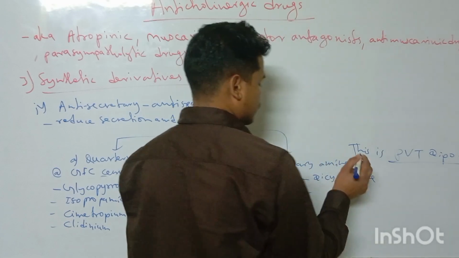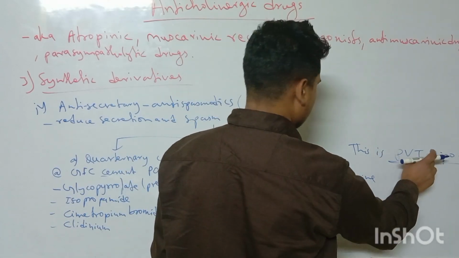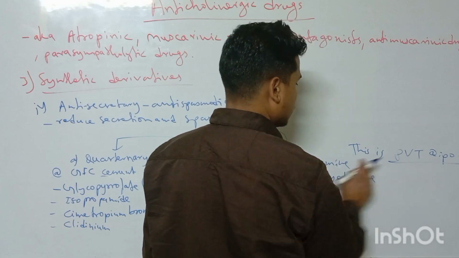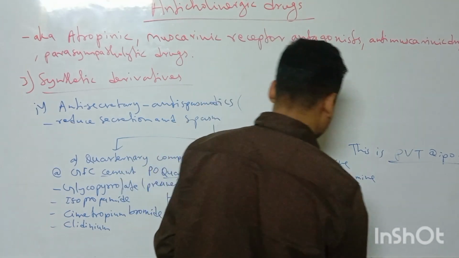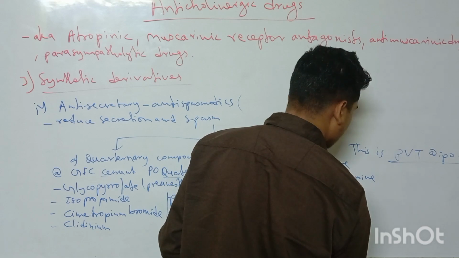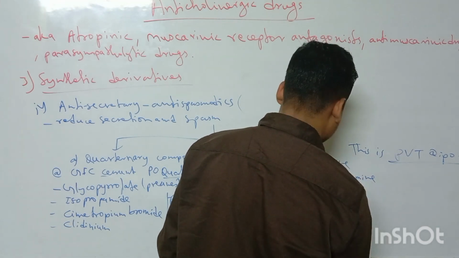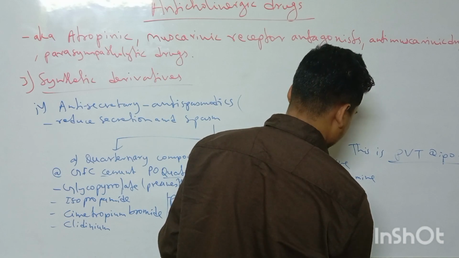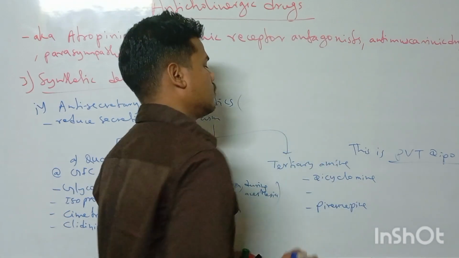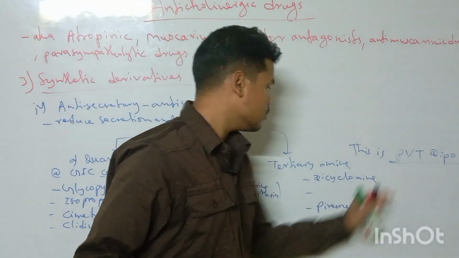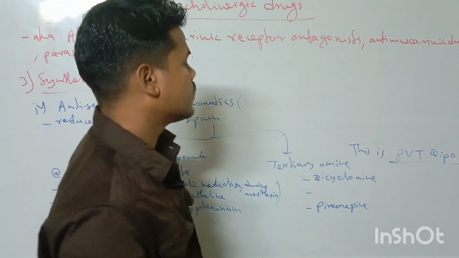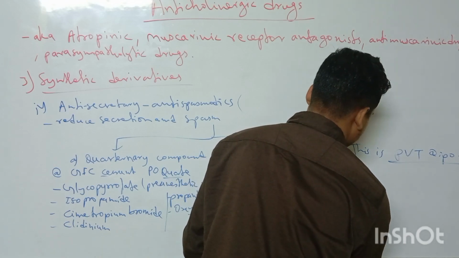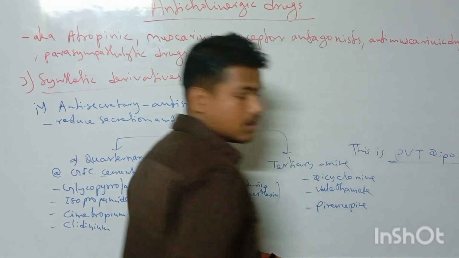So P, D for dicyclomine, T will stand for tertiary, and P will stand for pirenzepine, and V will stand for valethamate.